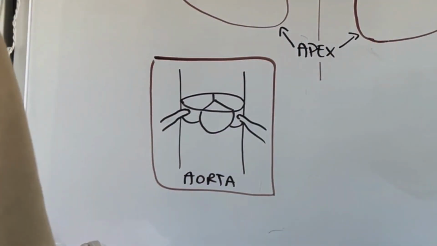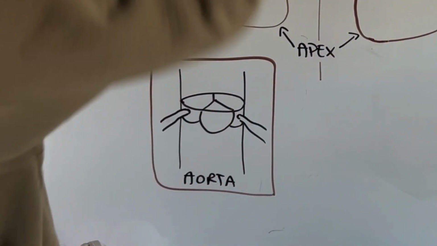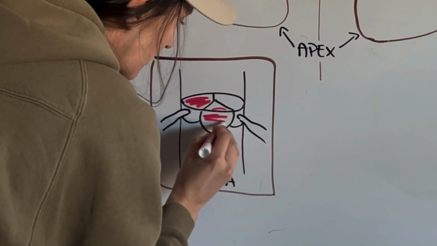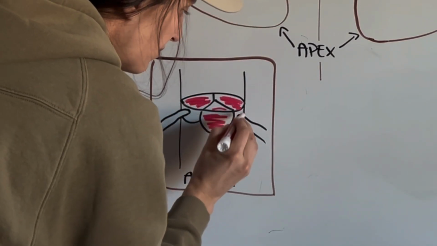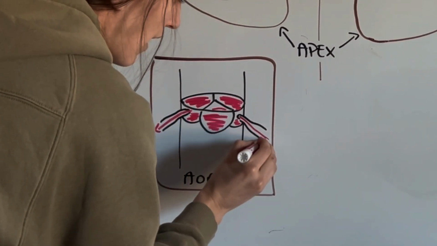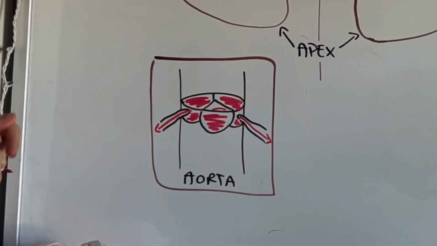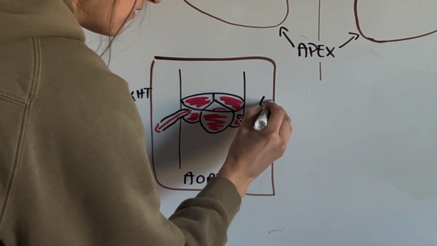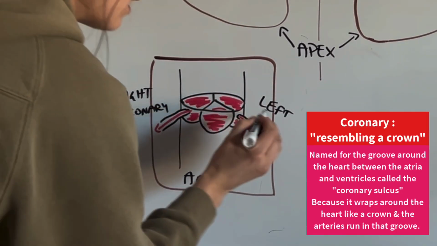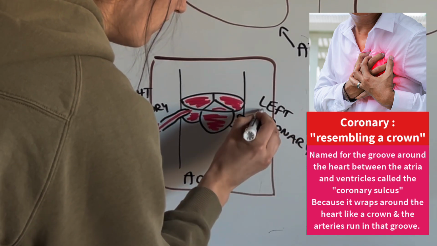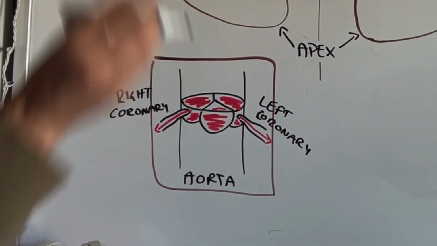So when blood is pumped out through the aorta, up into this vessel and spreads to the whole body, some of that blood is caught in these cups or cusps and is going to drain directly into our right and left coronary vessels. In this picture, this would be our right and left coronary. Like you're having a coronary, that's what this is referring to, the vessels that supply the heart.